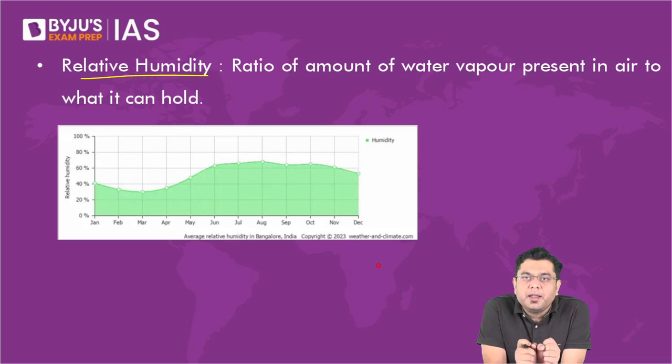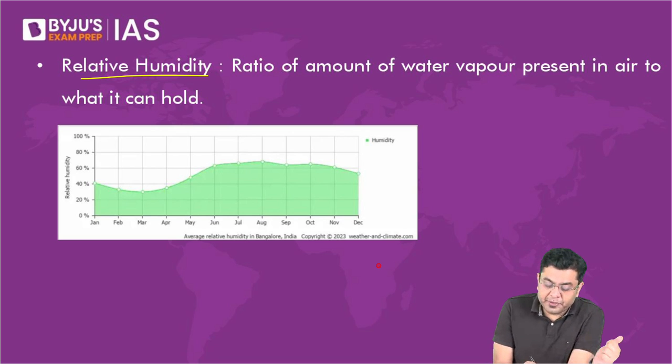Here, the total amount of moisture present in the air parcel at any point of time, in comparison to the total carrying capacity. So at any given temperature, what is the total amount of moisture present in the air as compared to what it can carry, right?